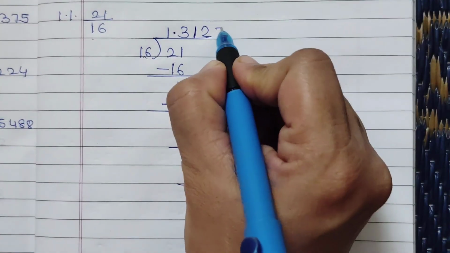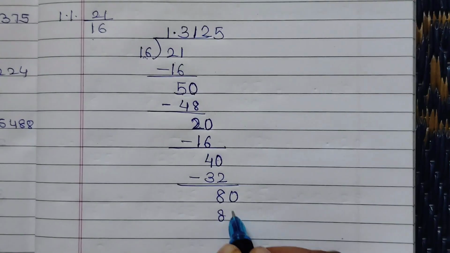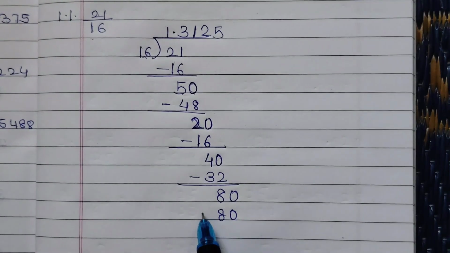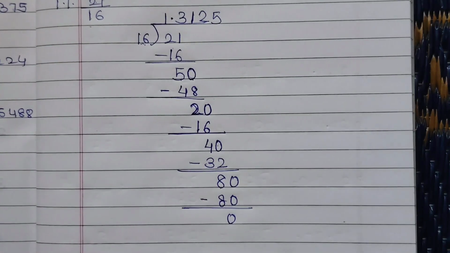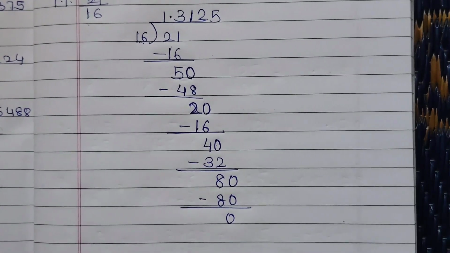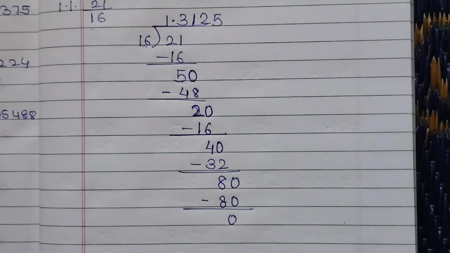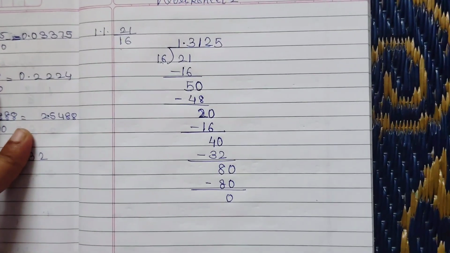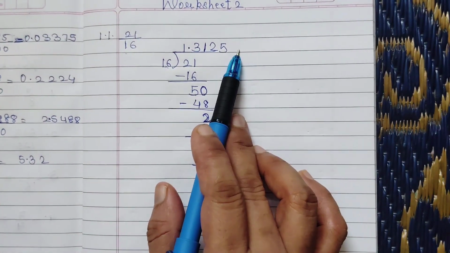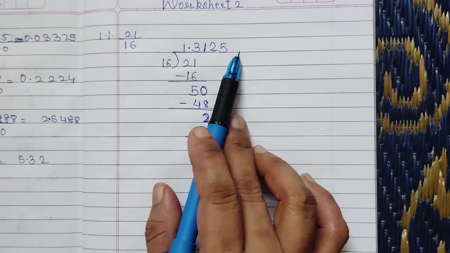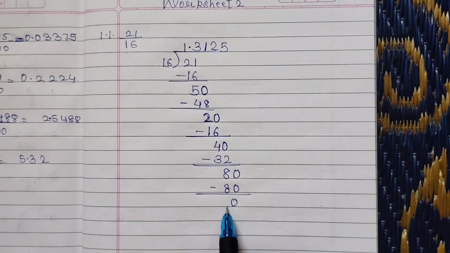Now 16 5s is 80. Subtract 80 minus 80, zero. Now here we got the remainder as 0. So here it terminates, the answer stops over here, as we got 0 in the remainder.